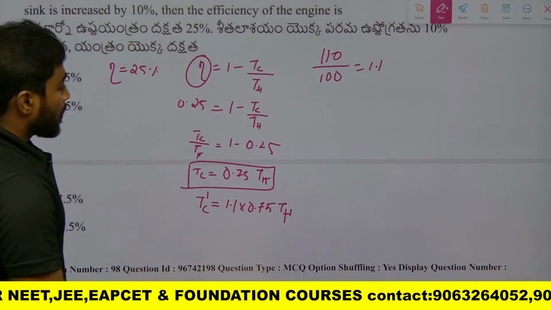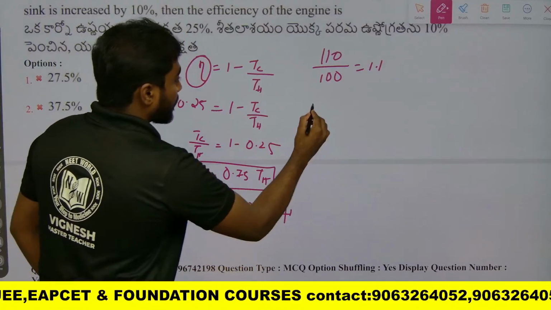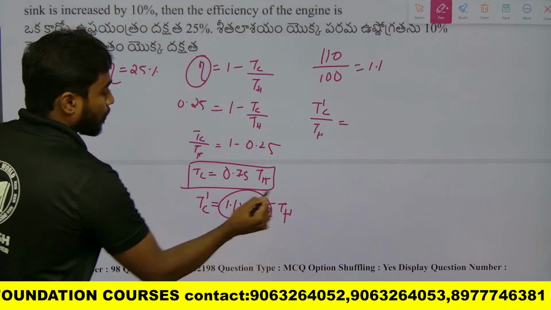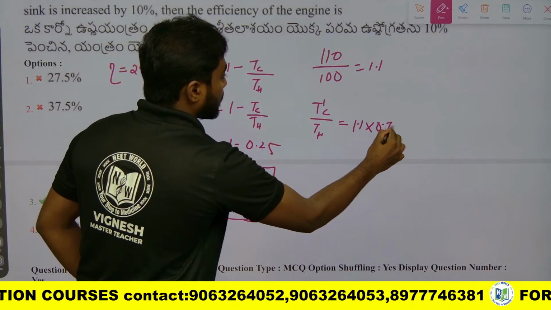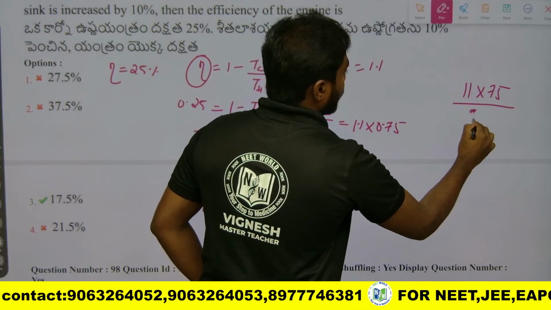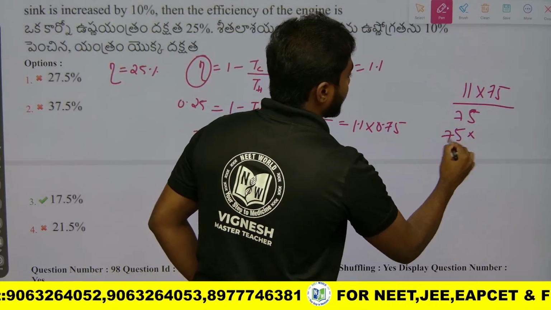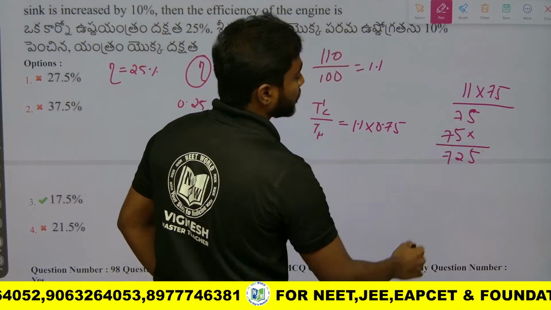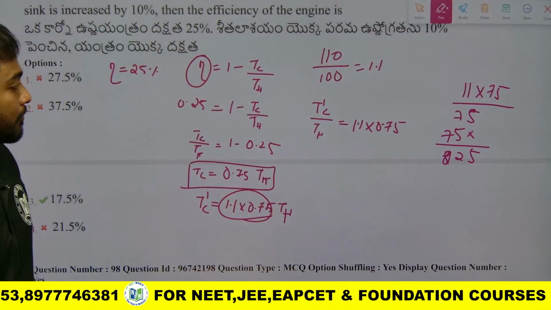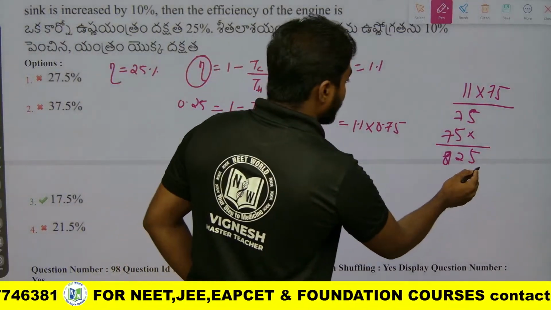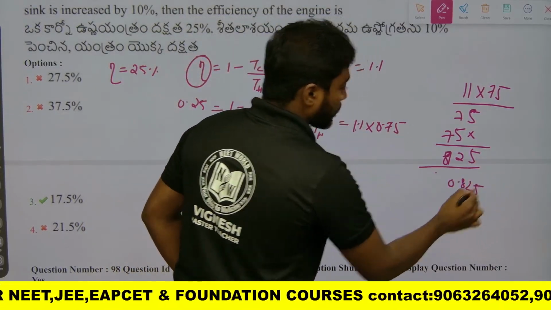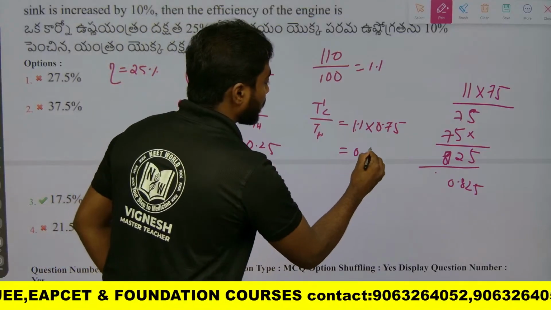Now I can say that T dash C by Th equals 1.1 into 0.75. What will I get? 11 into 75 is 825. Divide by how many zeros? 1, 2, 3. So 0.825 is the answer for this one.